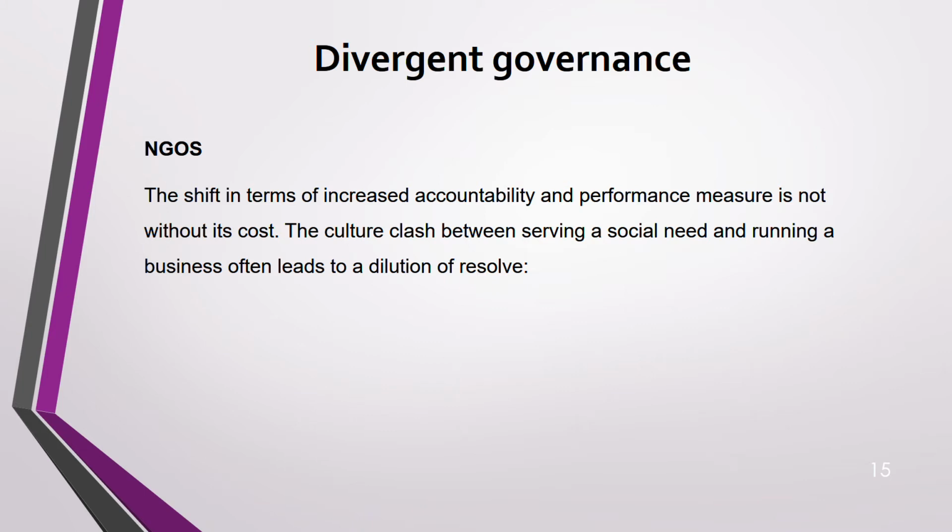But what's happening because of the shift from business to NGO? It's a cost, remember. Because of this your accountability is increasing. Performance also will be improved, but it has a cost. Everything has a cost. And also there's a culture clash. Why?